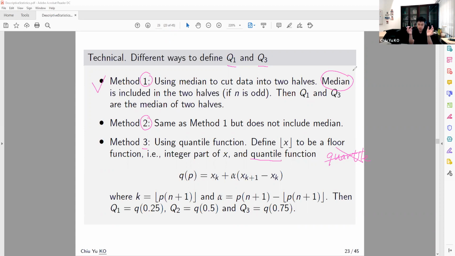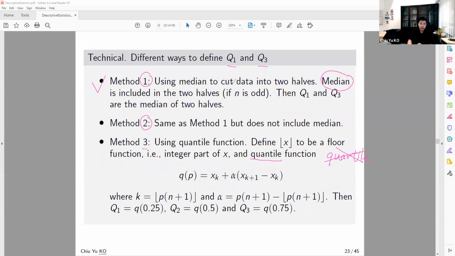Just like if you have 3 numbers, the middle is exactly the second one, okay? You have 5 observations, the middle is the third one, okay? It's n plus 1 over 2 if odd, then you have exactly the middle, okay? And if it's even, okay, then there will not be a middle data point, okay?